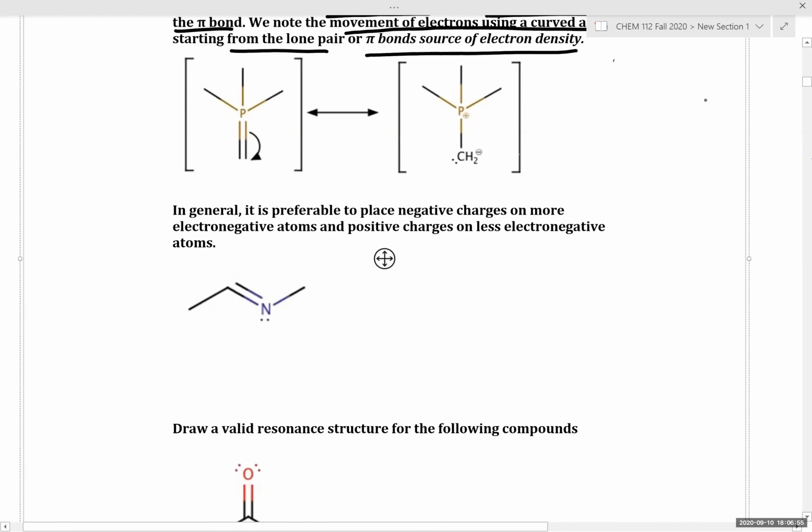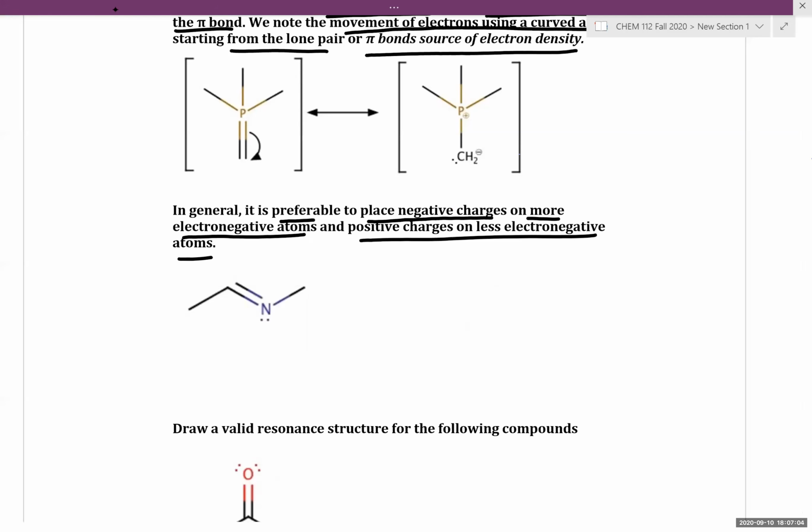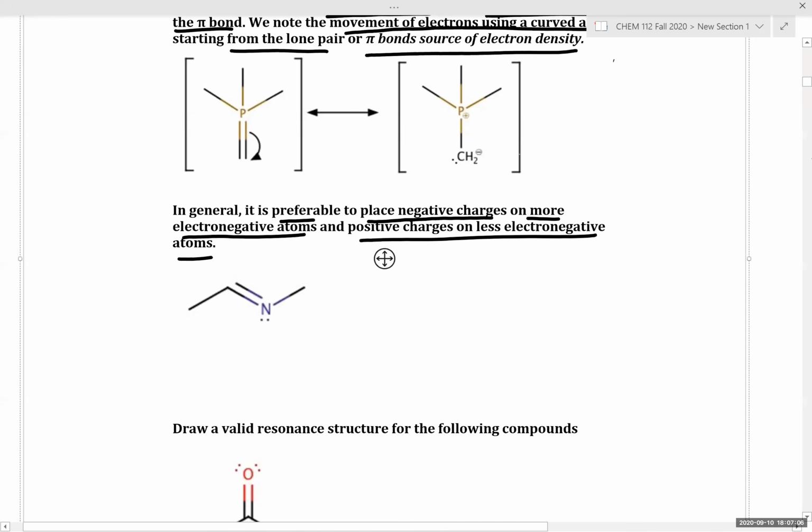In general, it is preferable to place negative charges on the more electronegative atoms and positive charges on the less electronegative atoms. So for example, in this case, we can kick our electron density from our double bond to our nitrogen and generate the following resonance structure.